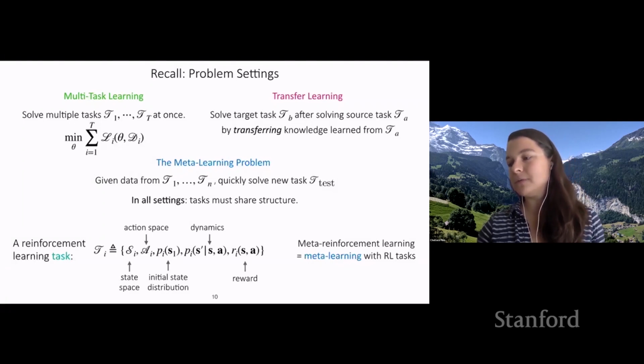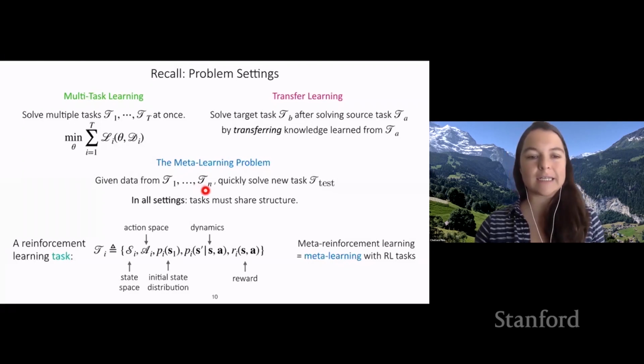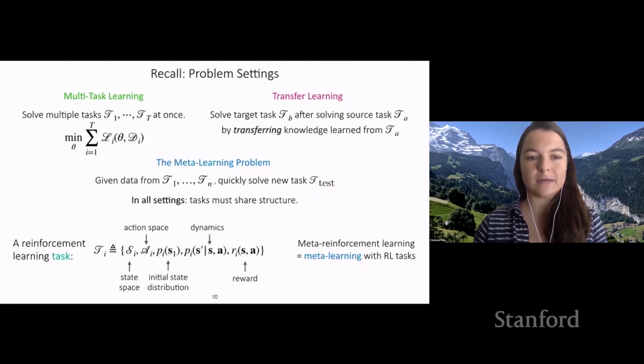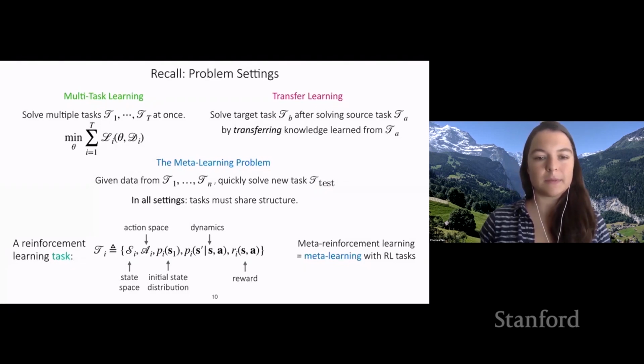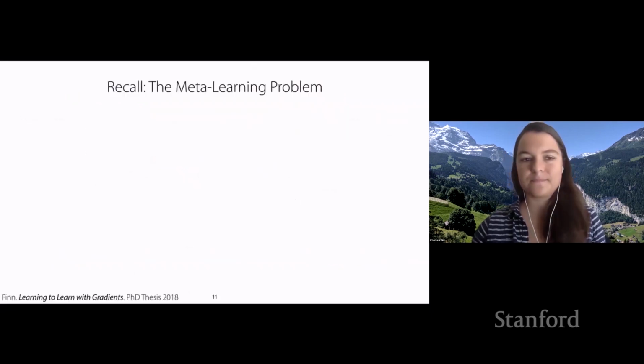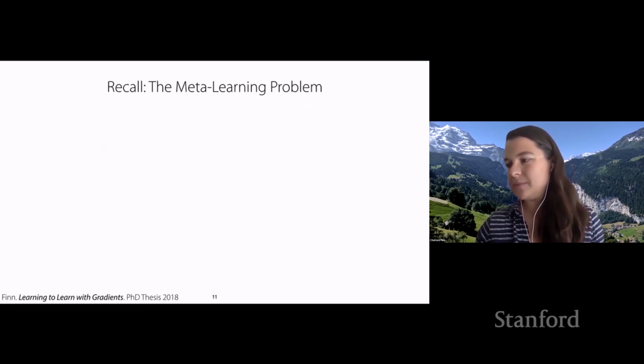Your goal will be, given some set of training tasks or training MDPs, to quickly learn to solve a new MDP based on your previous experience with those other MDPs. Okay, so that's the high-level overview.